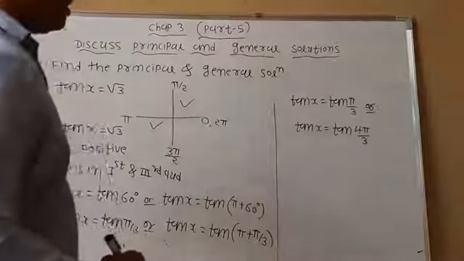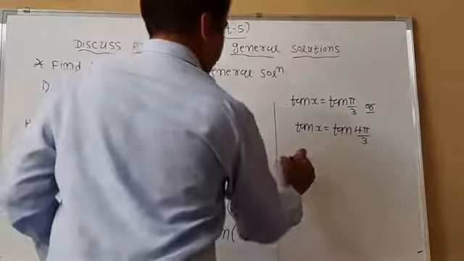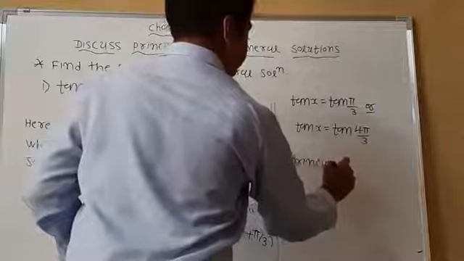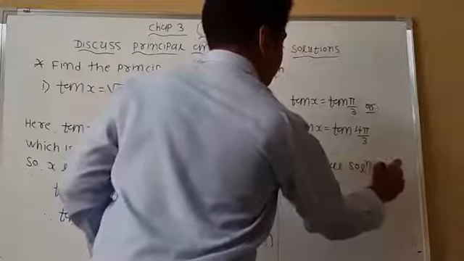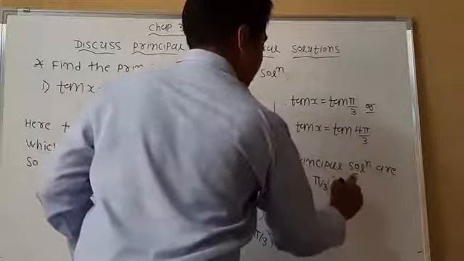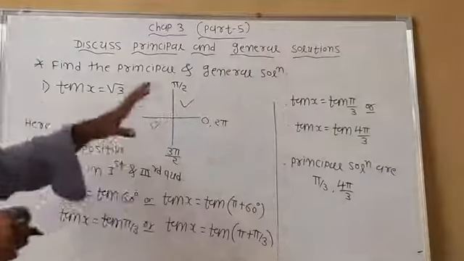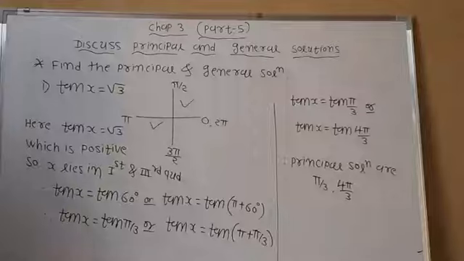So here we get two principal values. Therefore the principal solutions are pi by 3 comma 4 pi by 3. So here we get two principal solutions, pi by 3 and 4 pi by 3.